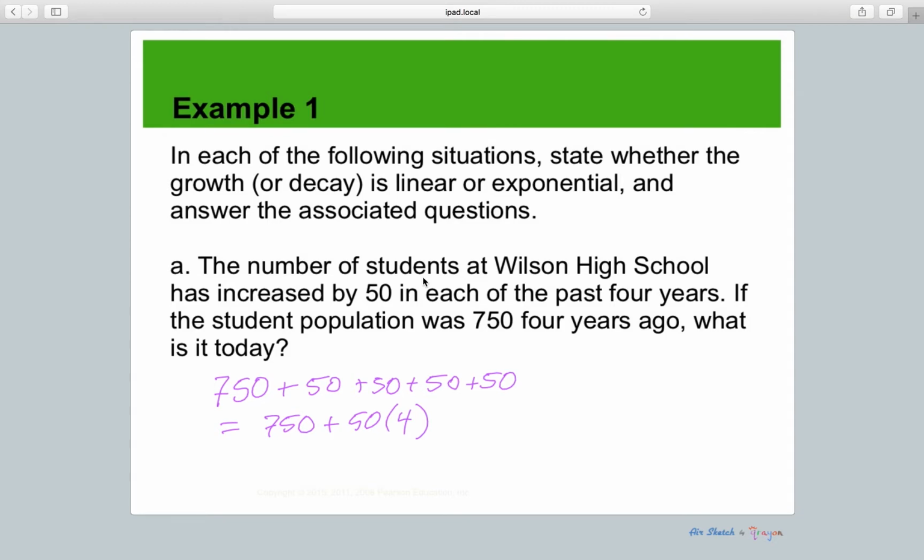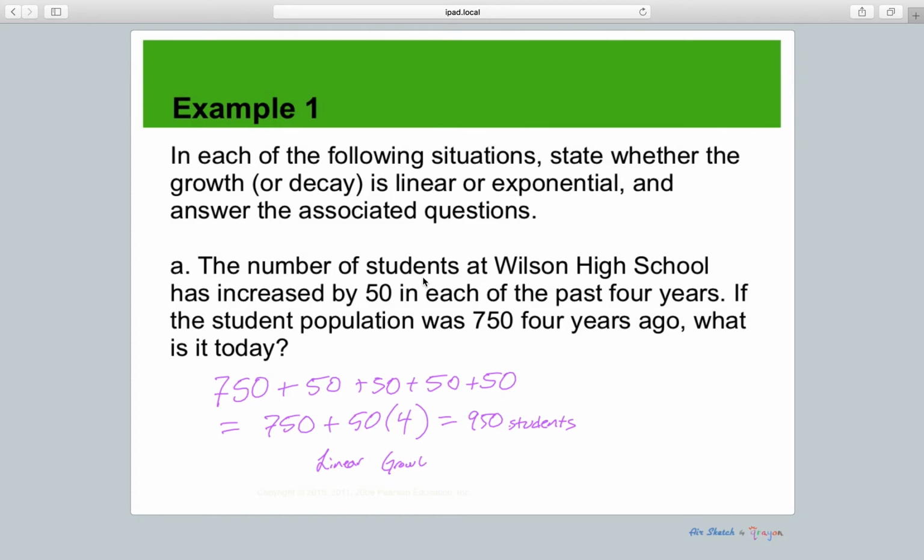So times 4, which is 750 plus 200, or 950 students. And so this is linear growth.